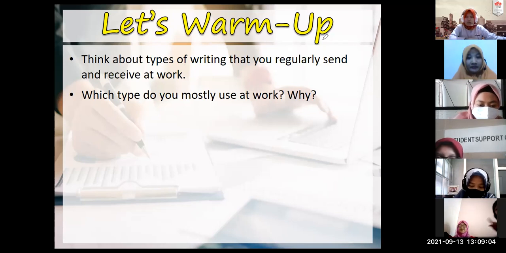Because my job in UIC is making letters for students to do practical work, kerja praktek. Oh, okay, is it for KKN, like practical apprenticeship? Is it internship, like what is it? Magang, internship. Ah, I see. So letters mostly to students. So you send it to the students, right, Miss Rizky?